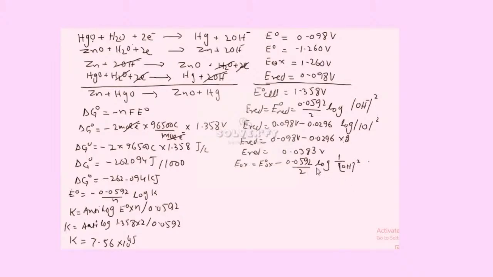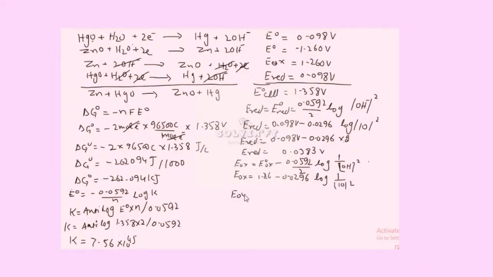So if we increase the hydroxyl ion concentration by 10-fold, E oxidation is equal to E naught oxidation, 1.26 volt minus 0.0592 divided by 2, which is 0.0296, where log of 1 over 10 squared.